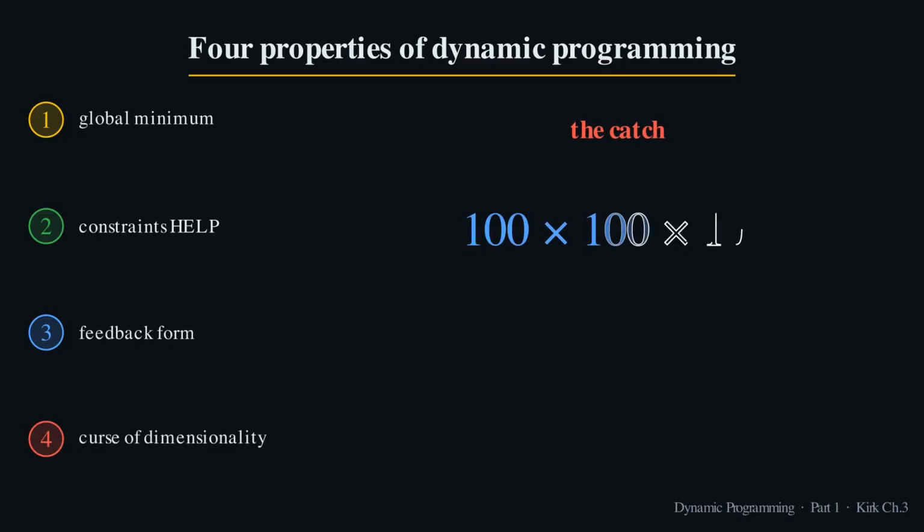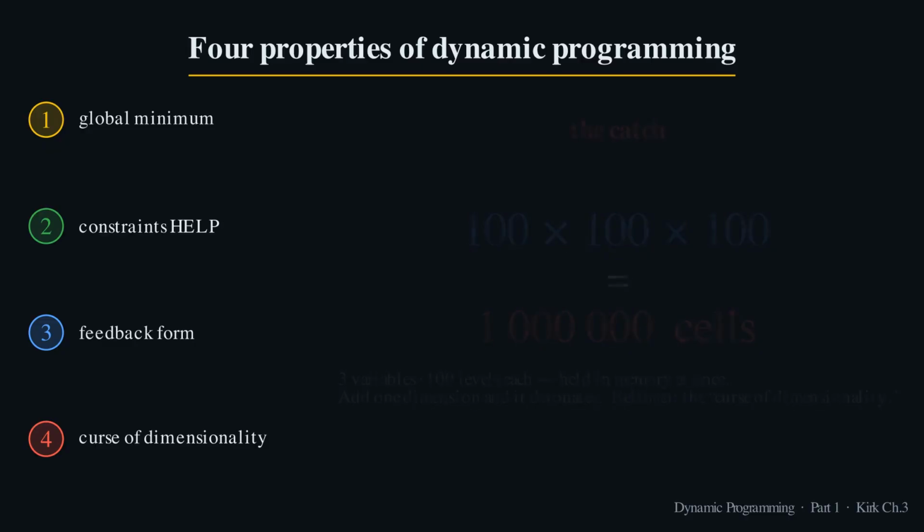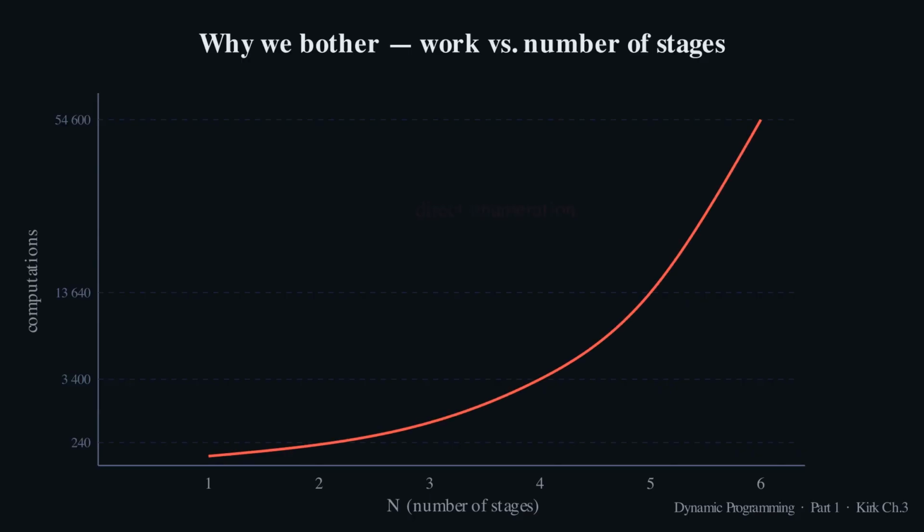And 4. The catch. To solve a stage, you need every cost to go from the stage ahead, all held in memory at once. For a 3-variable system at 100 levels each, that's 100 times 100 times 100, a million cells. Add one dimension and it detonates. Bellman named it the curse of dimensionality.